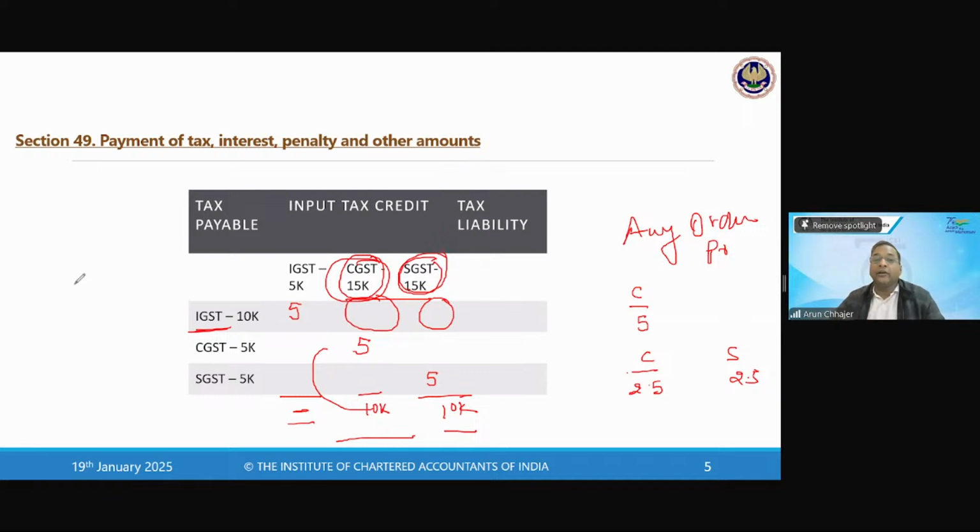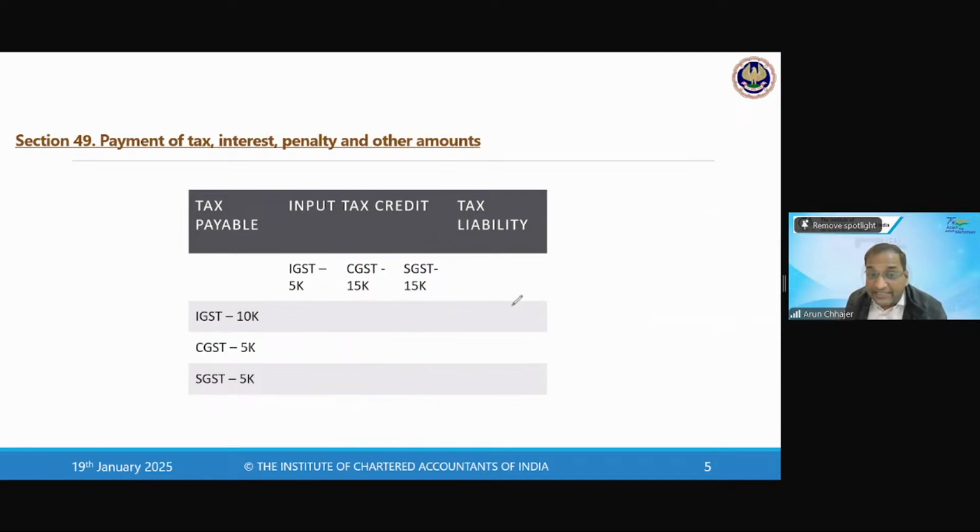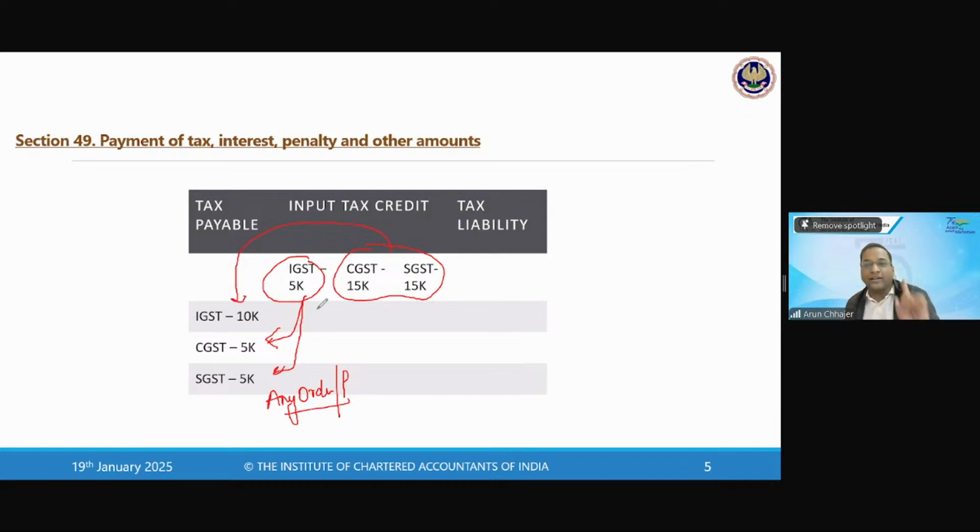What is the rule? Rule says when IGST का ITC has excess balance, it will be given to C or S. Here they have used the words any order, any proportion, any manner. But when C or S gives the amount to I, there is an order. The first would be C, and if C becomes 0, C does not have the amount, then only S will give the amount. Where is it written?